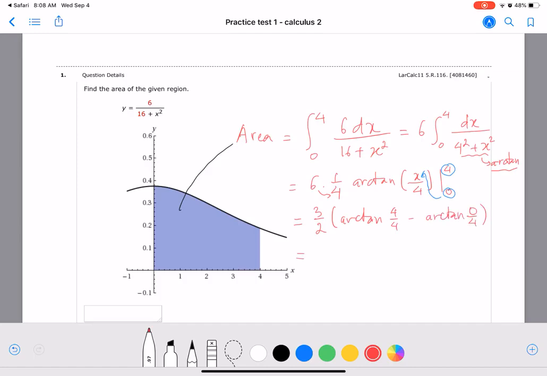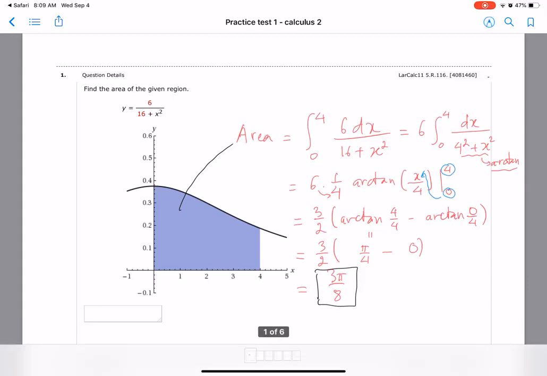You can use a calculator or the unit circle to see the value. 4 over 4 is 1, arctangent of 1 is pi over 4, and arctangent of 0 is 0. So that's why you have 3 pi over 8. So this is the first problem. Let's move to the second one.